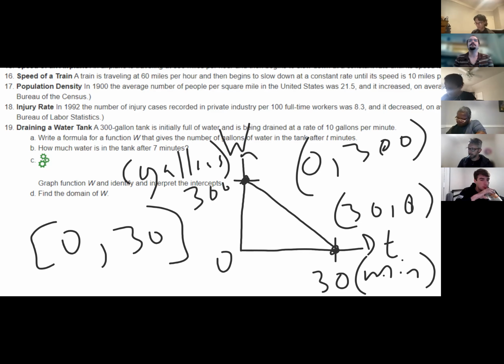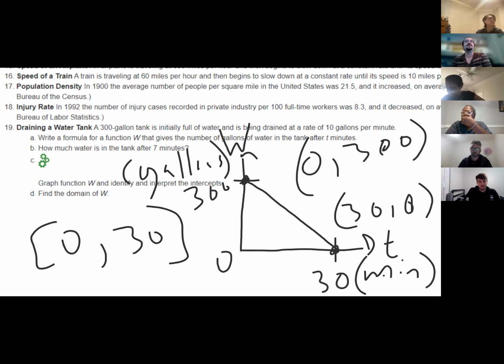The domain is one of those things that's implied within the word problem itself, right? We're not going negative, so we're starting at 0. We can plug in 0 minutes. That's fine. We can't plug in negative minutes. We can plug in 30, where we'll be at 0 gallons. But if we try to plug in anything over 30, like 31, it's not going to make sense with this model because it's going to start giving us negative gallons.